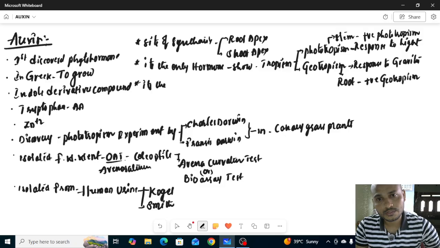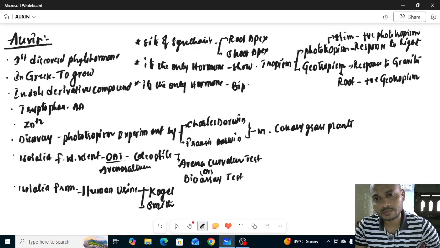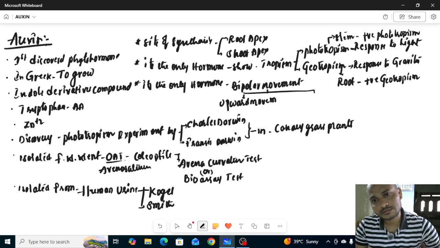Now another important thing is, it is the only hormone that shows bipolar movement. Here bipolar movement means it shows upward movement and also it shows downward movement.